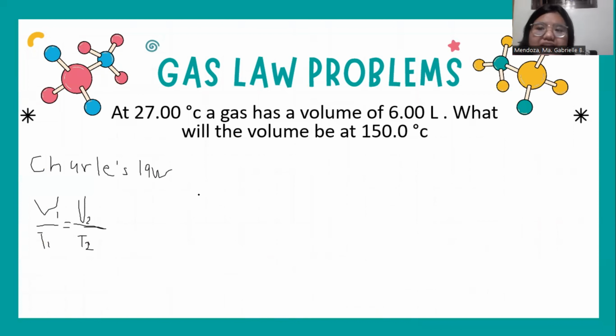So, identify ulit natin yung given. Ang una, T1, that is 27 degrees Celsius. V1, that would be 6 liters. T2, that would be 150 degrees Celsius.